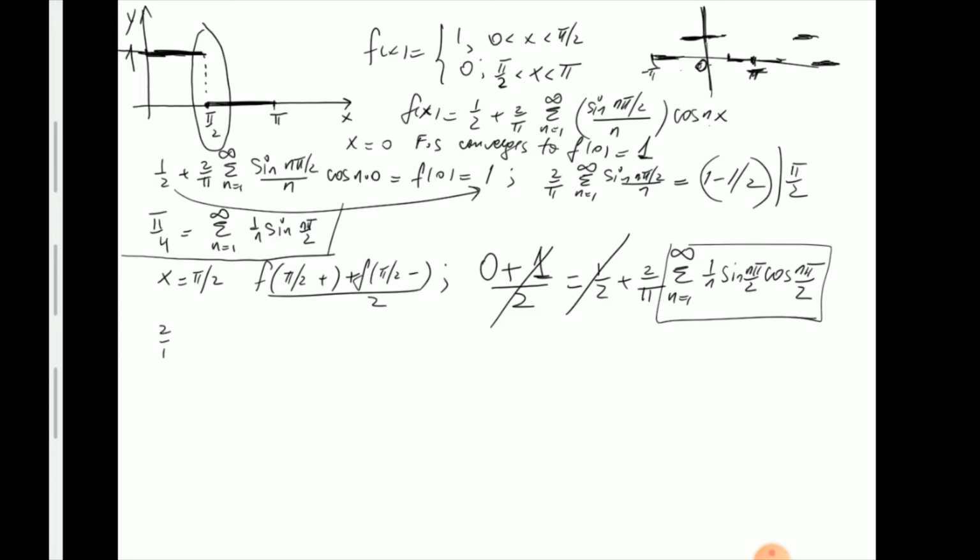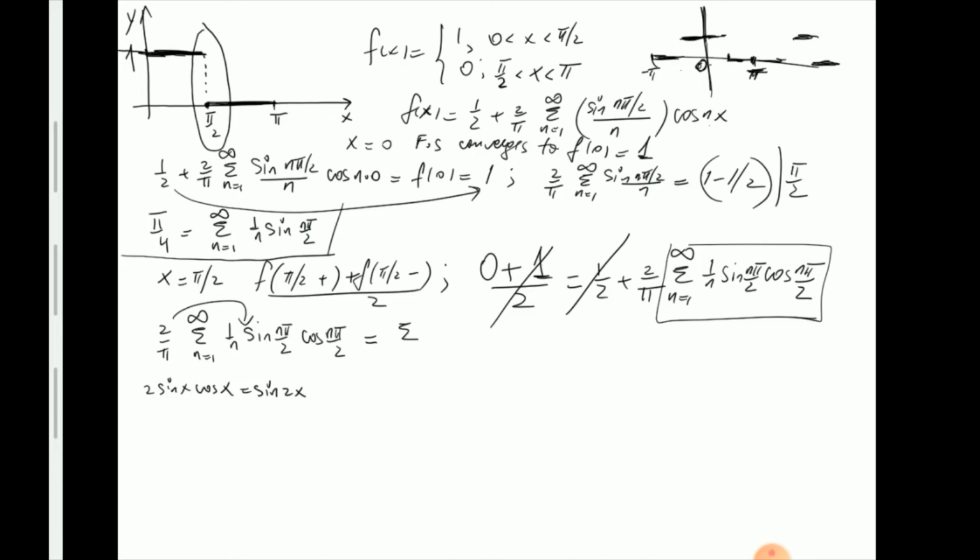So 2 over pi summation from 1 to infinity, 1 over n sine of n pi over 2, cosine of n pi over 2. And as it turns out, this is actually kind of a trivial example because there is a formula. If I bring this 2 inside, there is a double angle formula which states that 2 sine x cosine x is sine of 2x.